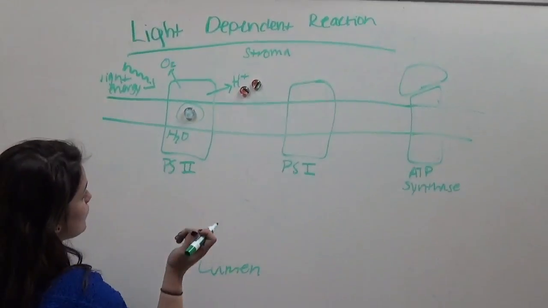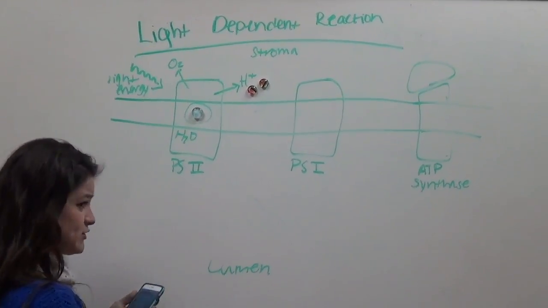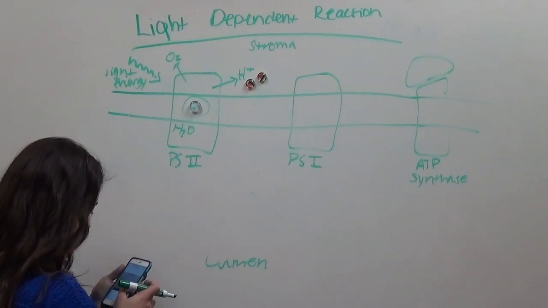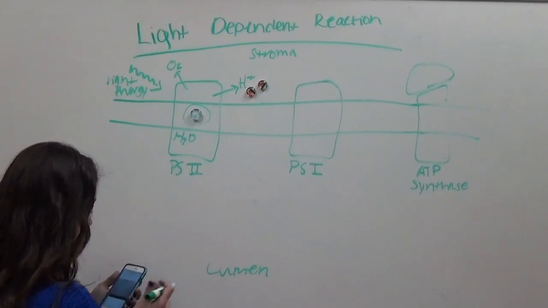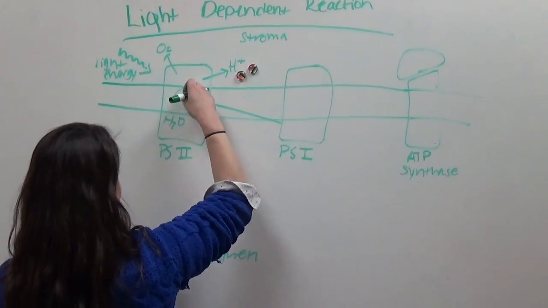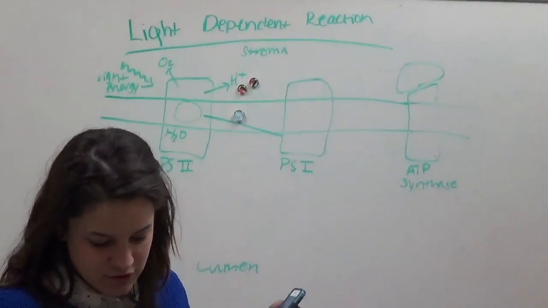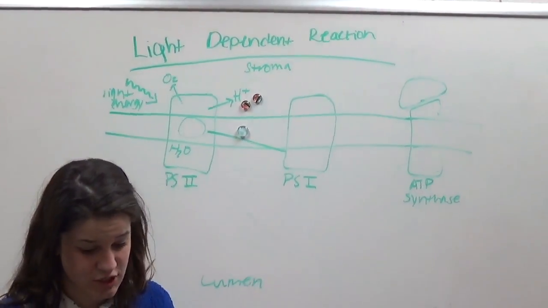And then we have an electron chain that the electrons travel on. As they're traveling, they are decreasing. First of all, the electron transport chain establishes an energy gradient.